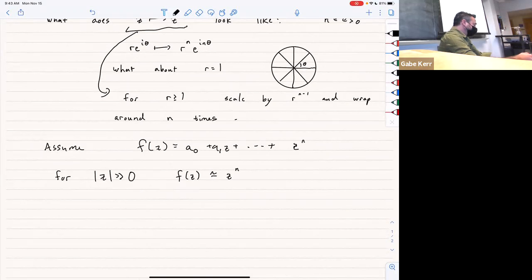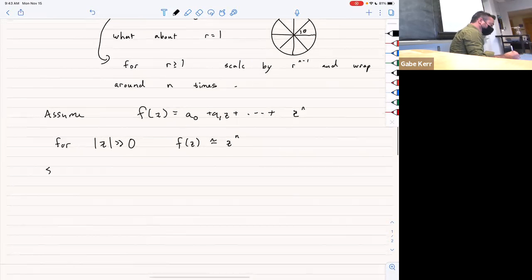Now I want to say the following thing. Suppose the fundamental theorem of algebra is false.